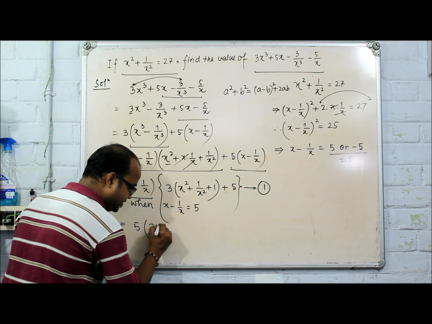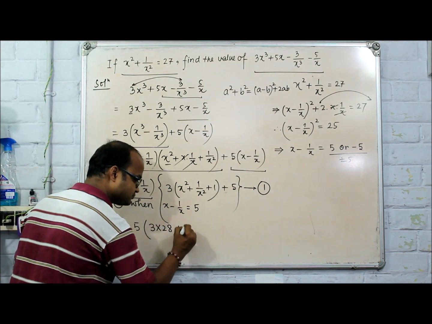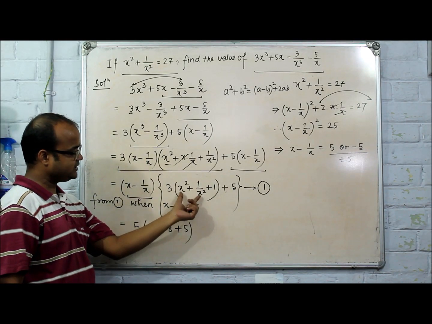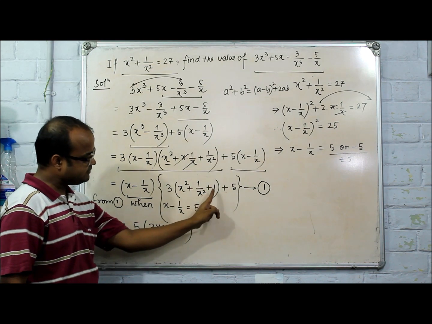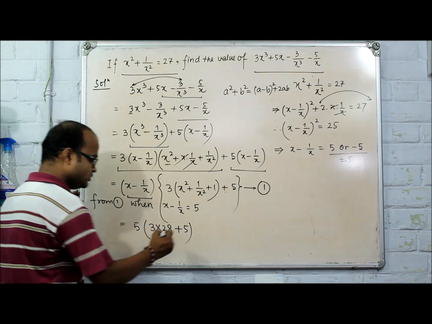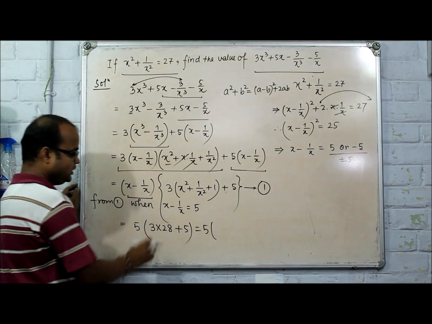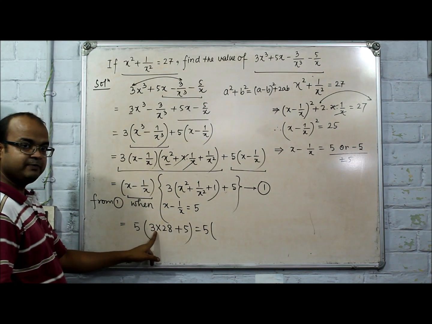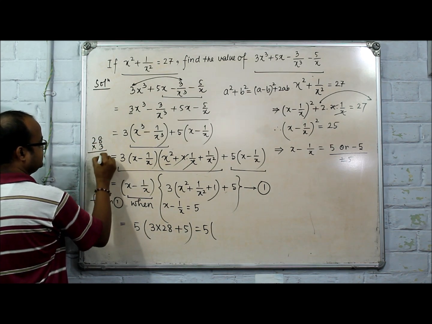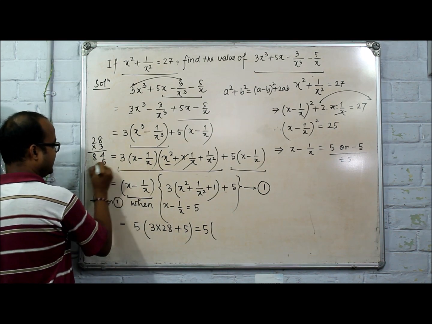So you will get 3 into 28 plus 5. 28 multiplied by 3 is 84, plus 5.